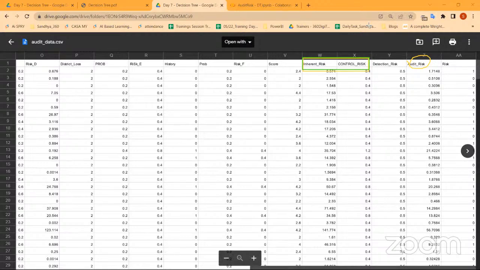Inherent risk and control risk are nothing but the material misstatements, whereas detection risk is the detection risk. So material misstatements were classified into two types, nothing but the inherent risk and the control risk. Let's understand a little more about them, right?